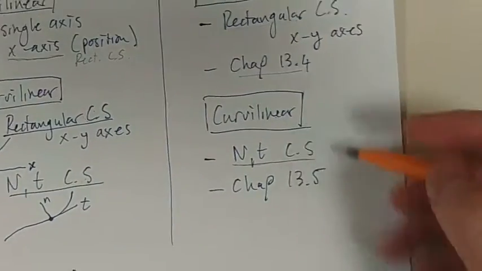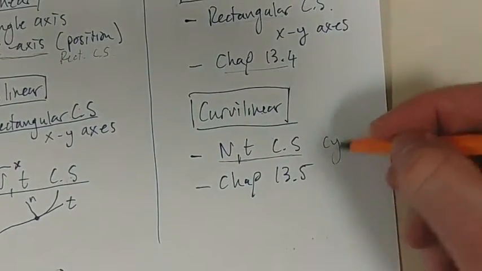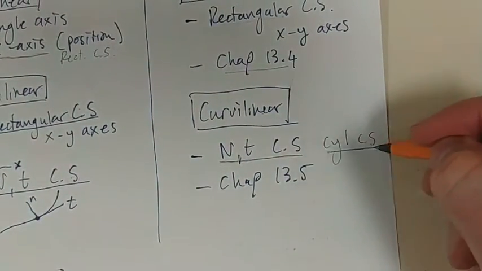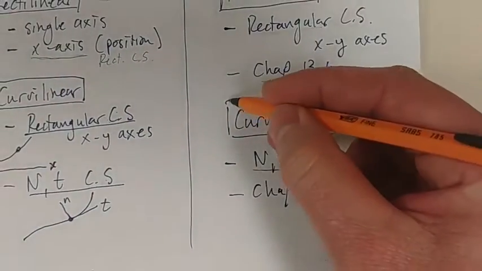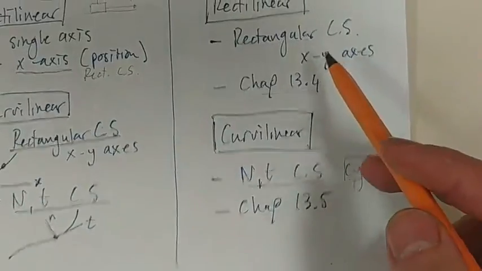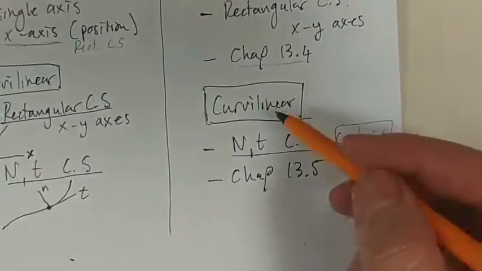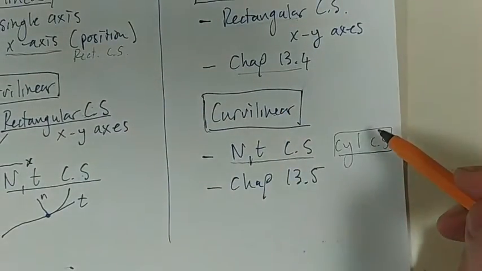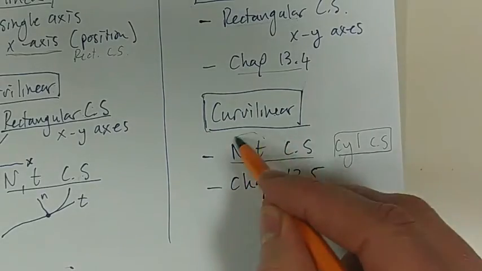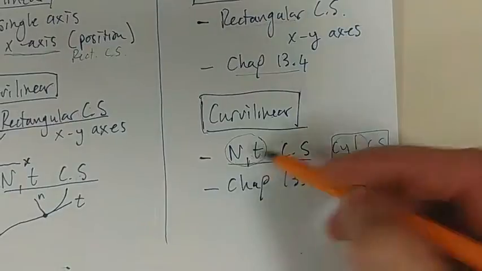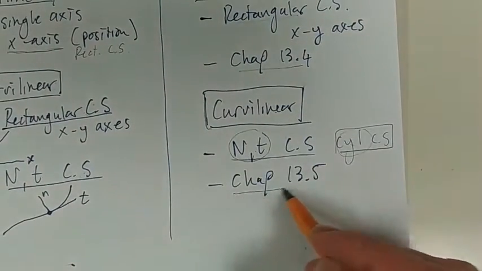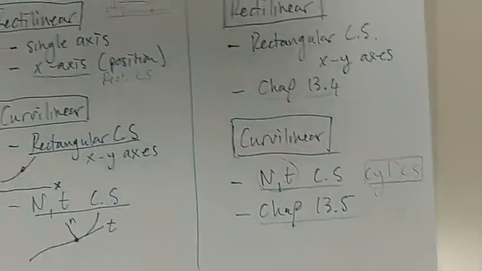Actually, I'm lying. There's also the cylindrical coordinate system, which we don't cover. Okay? But my point is that in chapter 13, in kinetics, under the curvilinear sections, there's only the normal and tangential and the cylindrical, which we don't cover. Okay? And the normal and tangential is covered in 13.5.